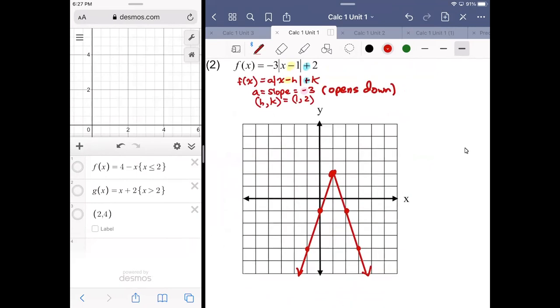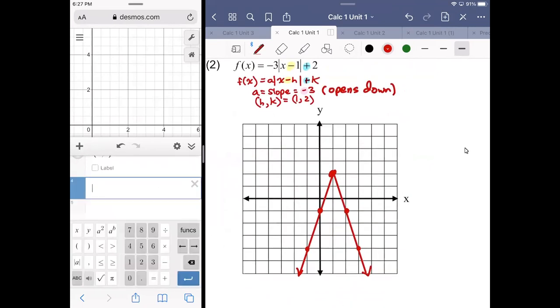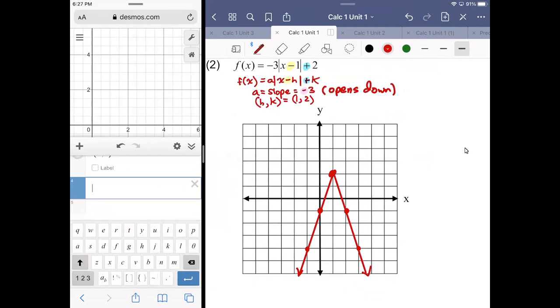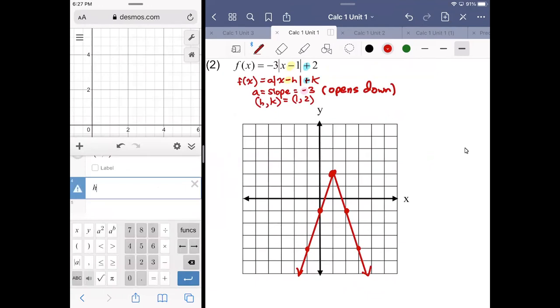All right. Now, if you're doing it on Desmos, not bad. I use F and G, so I'll use h(x) is equal to -3. Put your absolute value symbol just by selecting that A with the absolute value bars around it, x minus 1.